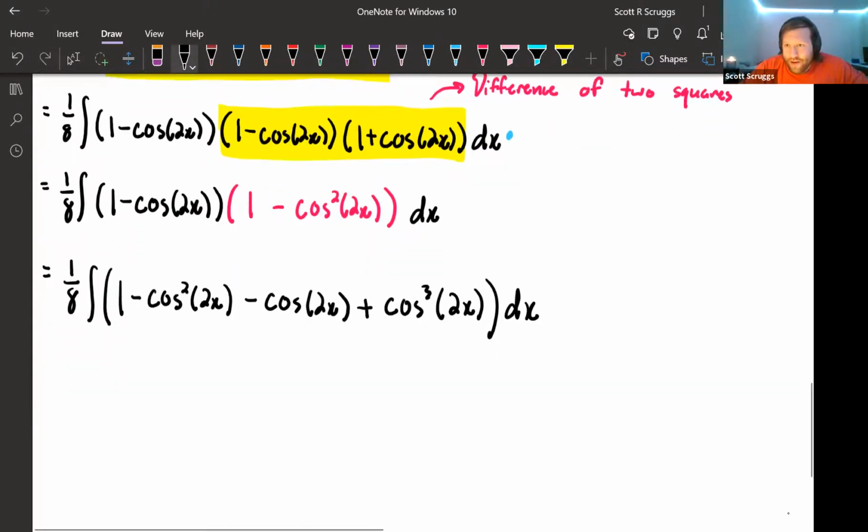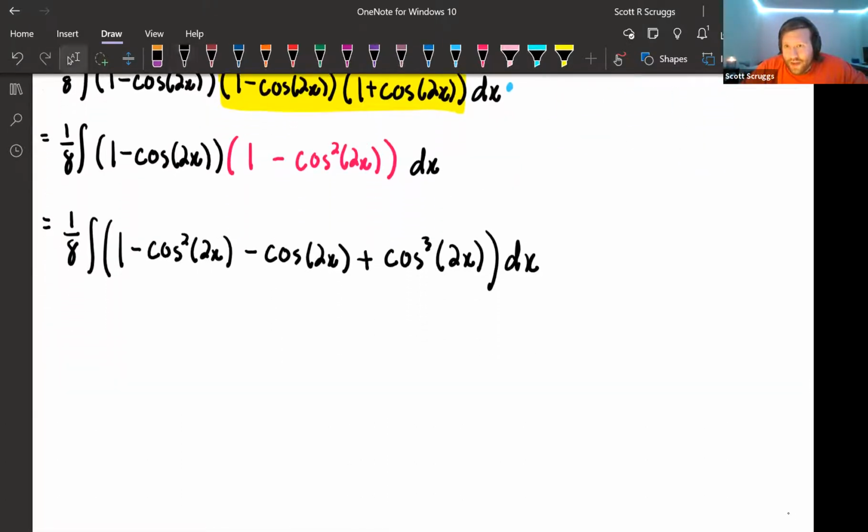And my advice here is to tackle each integral individually. That's what this next line is going to state: that I'm using the property of integrals that says I can look at each integral individually and join them together by addition or subtraction at the very end.